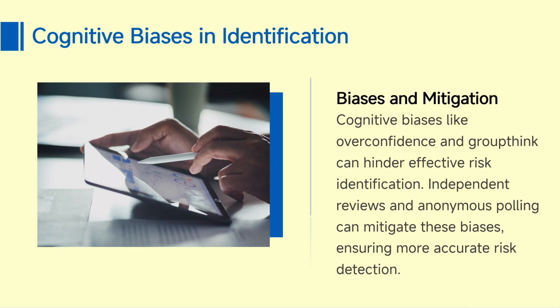Okay. So, when we try to identify and assess, there is a possibility of having biases. So, biases come into the group majorly through overconfidence and group thinking. So, some experienced person may have much confidence and say that these kinds of risk may not occur.